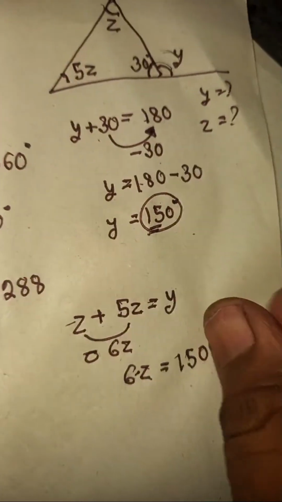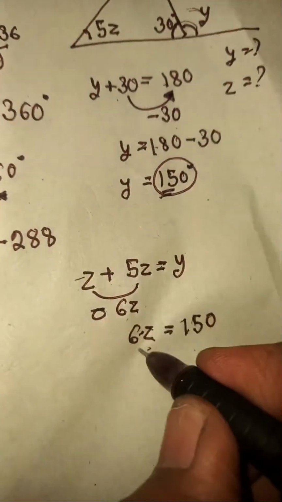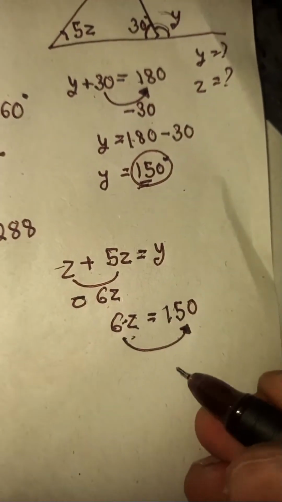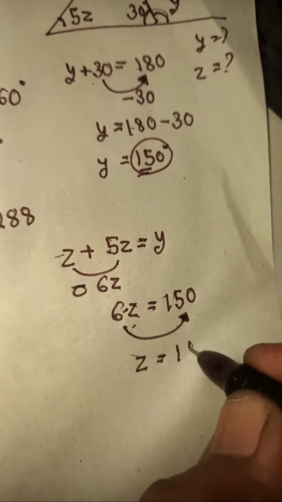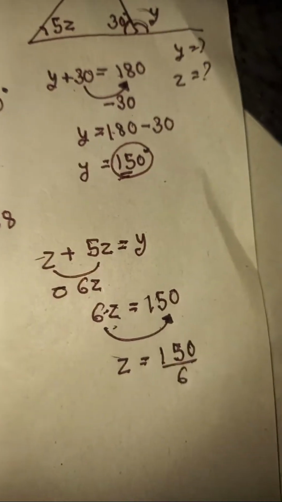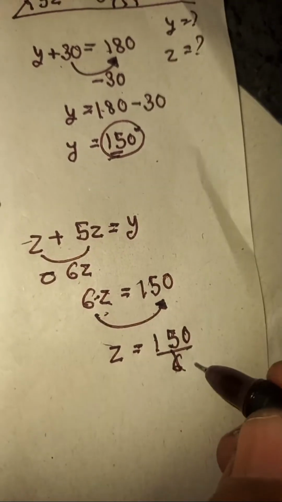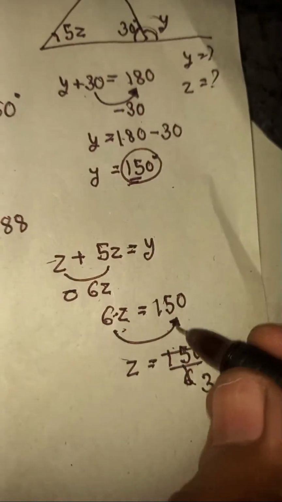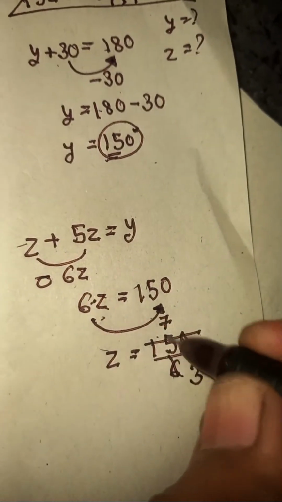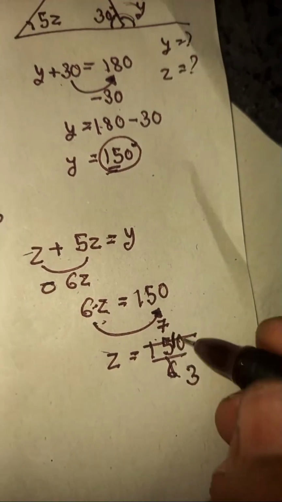Now z times 6, you can send this 6 to this side, it comes below in the denominator. z equal to 150 by 6. Now you can divide by 2. 2 7 times is 14. 15 minus 14, 1 remains, that is 10.